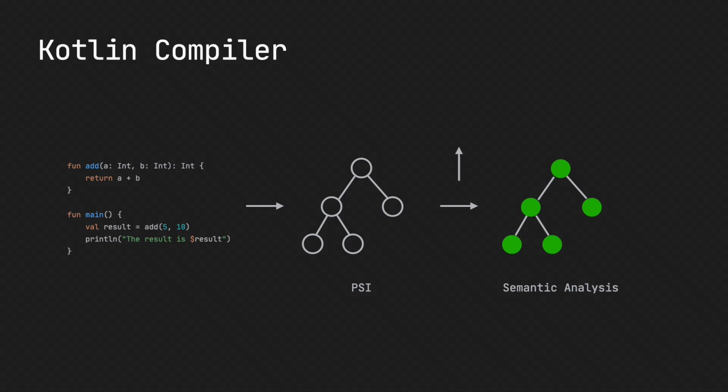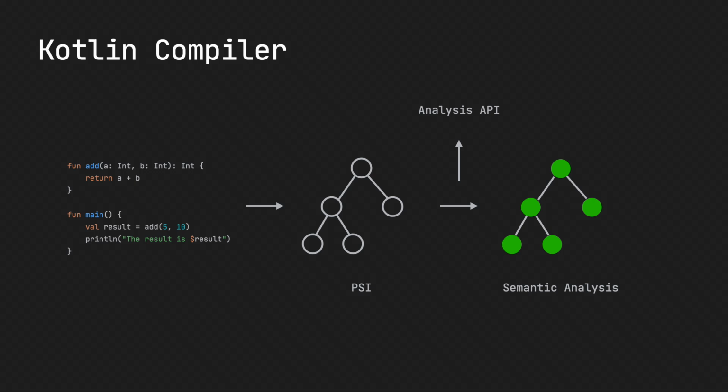The analysis API was improved in the K2 compiler, and it allows us to scale the analysis API to be able to do Kotlin to Swift export. And we're going to look at examples of how this works in this video.